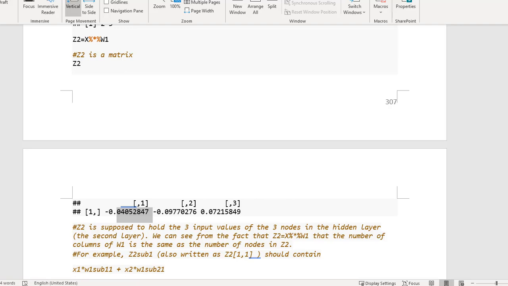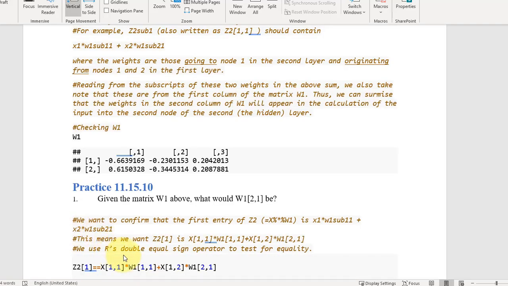And if you just want to do a check to see that this is all really true, of course we know it is true. It's not that mysterious, but if we want to know, what is the first element of Z2? We hope that it's the X11 element times the W111 element plus the X12 element times the W21 element.